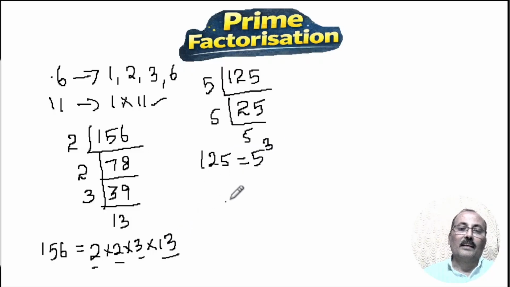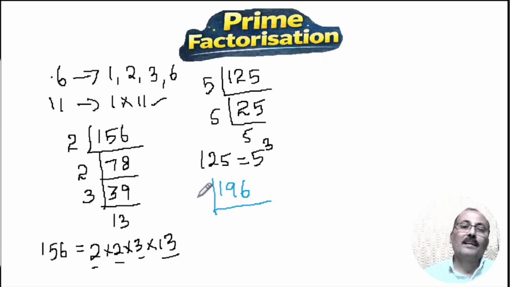Okay, there are 2 numbers. Now I am going to take the third number. What is the third number? 196. I am going to choose 196, the another number. Now, divide by 2. Yes, possible. Then 1 remainder 16, 98.